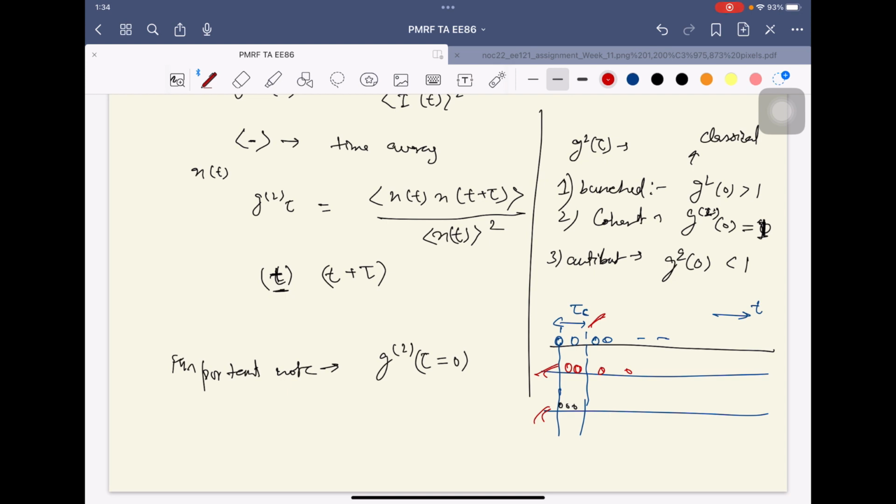Okay, so now this g2(0) tells us how often we detect two photons at times very close to each other. We imagine here to always detect one or zero photons at a time.